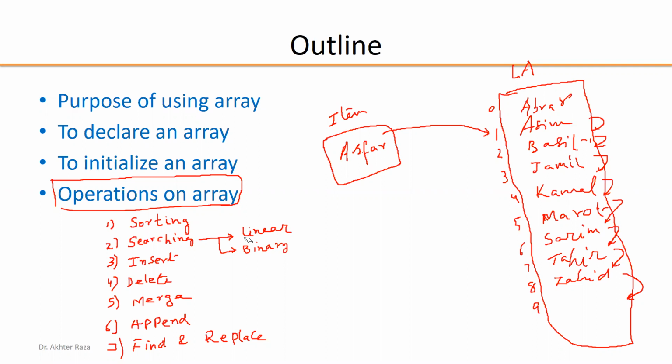You just have to click on sort, search, merge, insert, delete. If you click on the menu option, your work is done. But who will do your work? Your work will be done by the programs that we want to learn in this course. So that is the purpose of array operations.